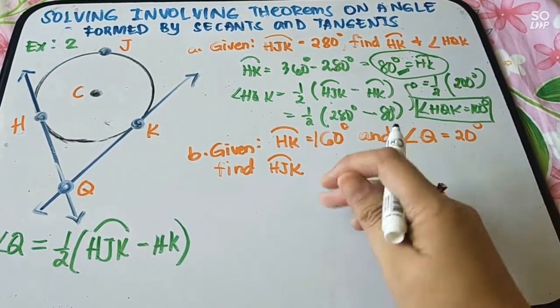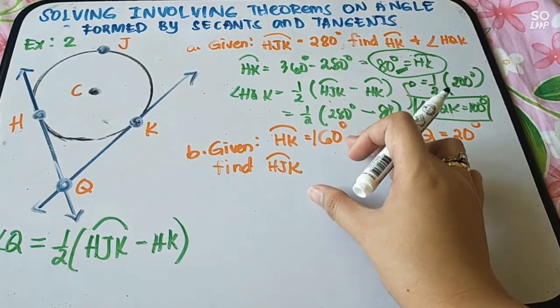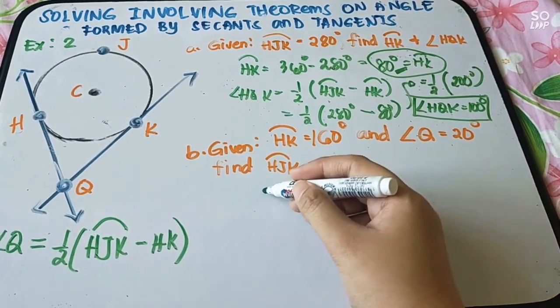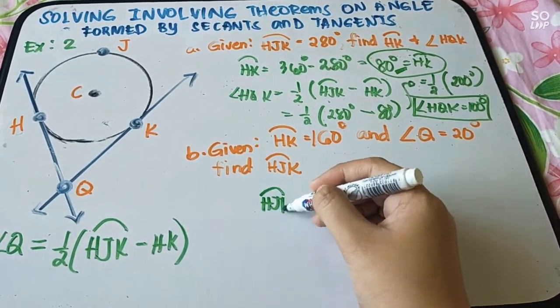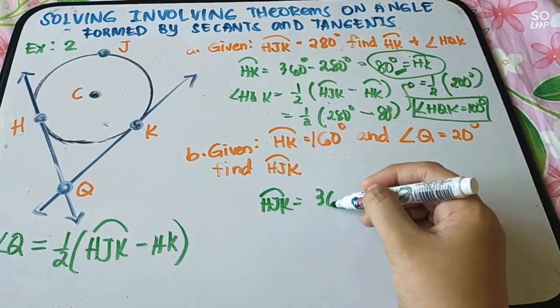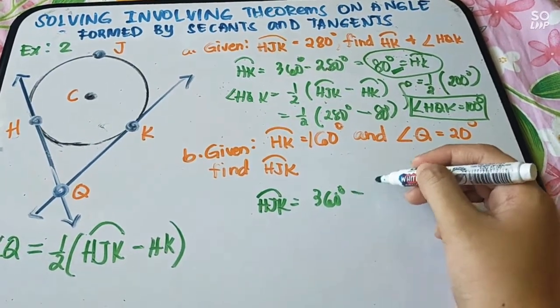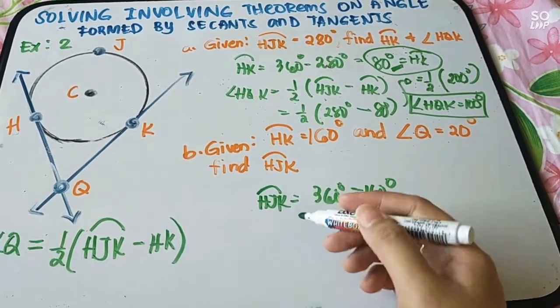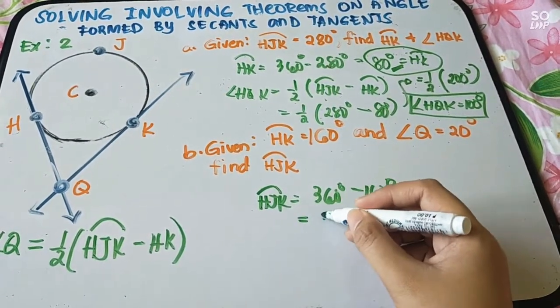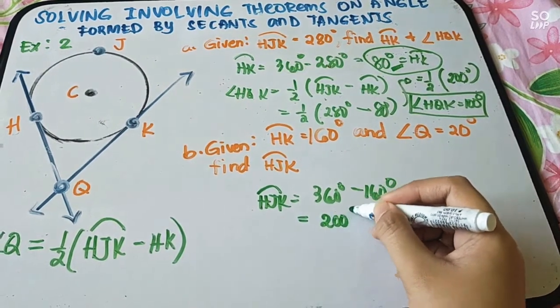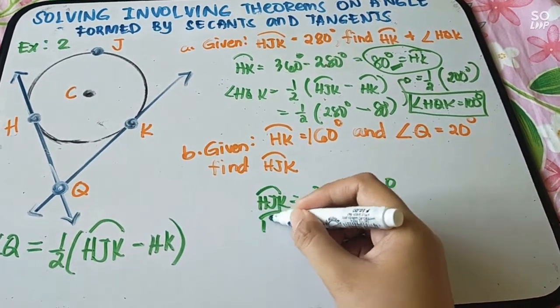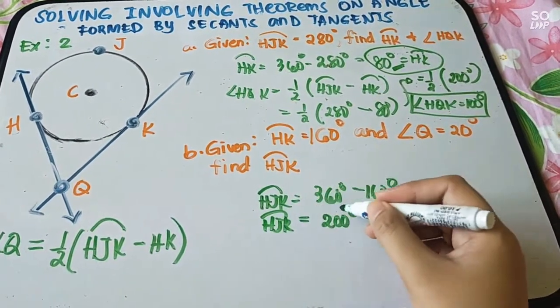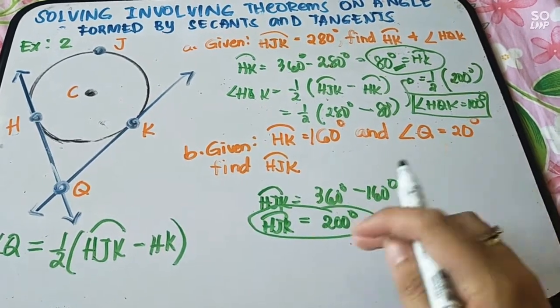So, kung sa simple, ito ay 360 pag inadd, diba? So, we have arc HJK is equal to 360 degrees minus 160 degrees. If you subtract this one, the answer is 200 degrees. Si HJK ay 200 degrees. Ayun na, tapos na.